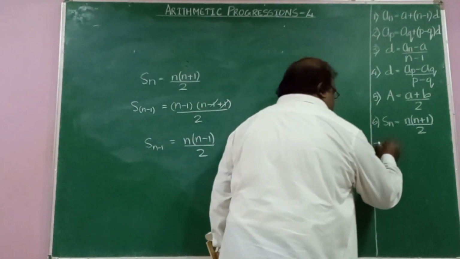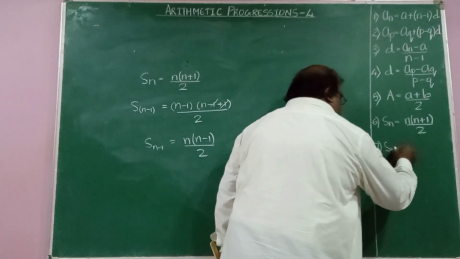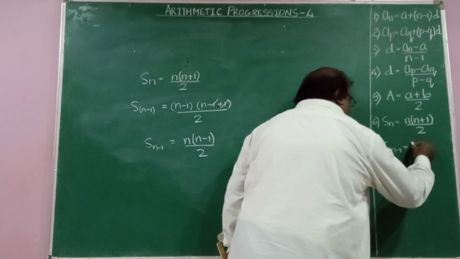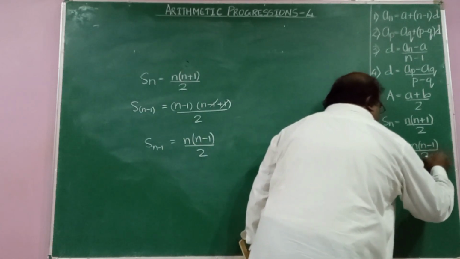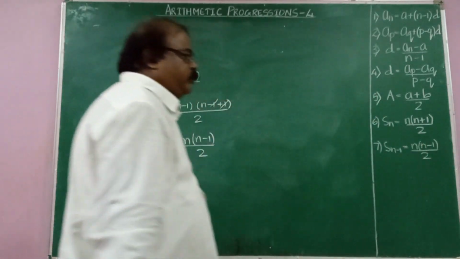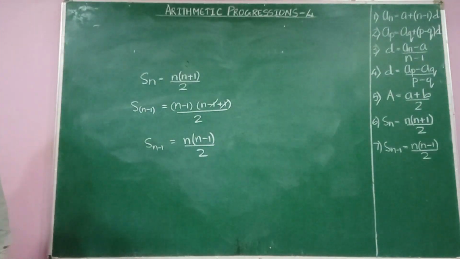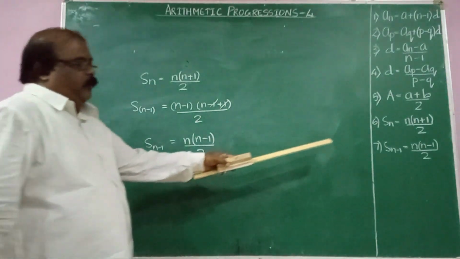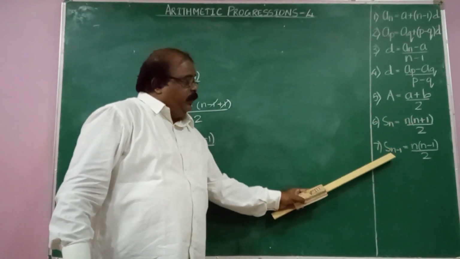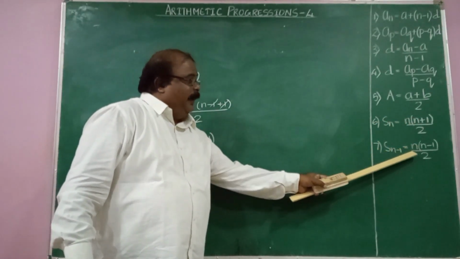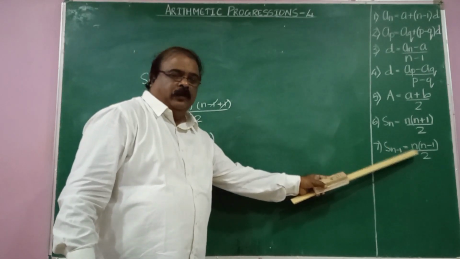I take it as formula number 7. What is S of n minus 1 equal to? N into bracket n minus 1 upon 2. The two new formulas: what is Sn? N into n plus 1 upon 2. What is S of n minus 1? N into n minus 1 upon 2.